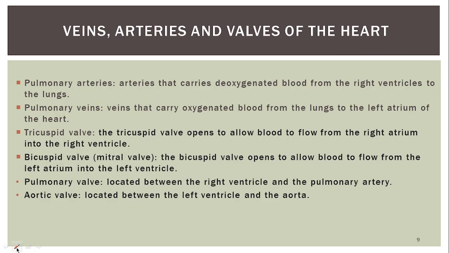Next, we have veins, arteries, and valves of the heart. Pulmonary arteries, yes, we looked at it. Arteries carry deoxygenated blood from the right ventricle to the lungs, where they get oxygenated, obviously. Pulmonary veins carry oxygenated blood from the lungs to the left atrium of the heart.